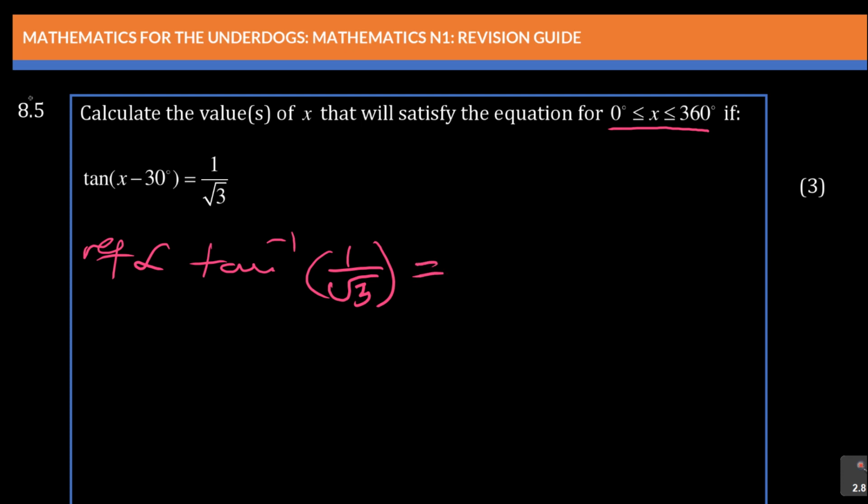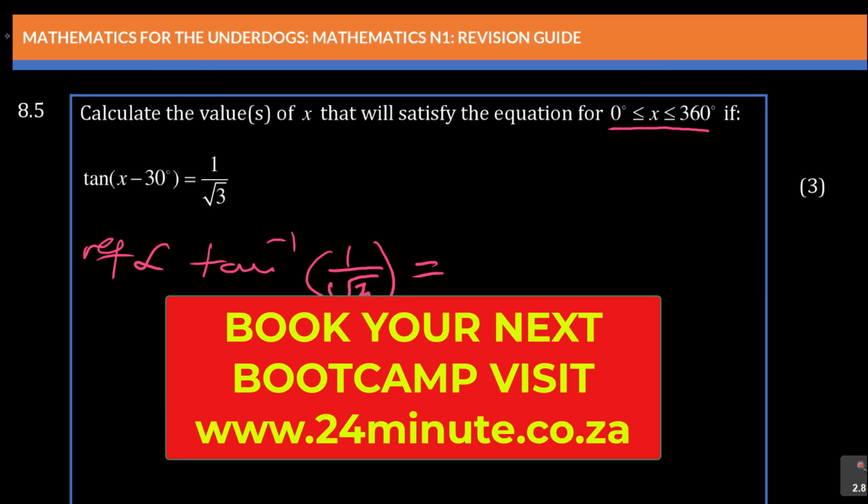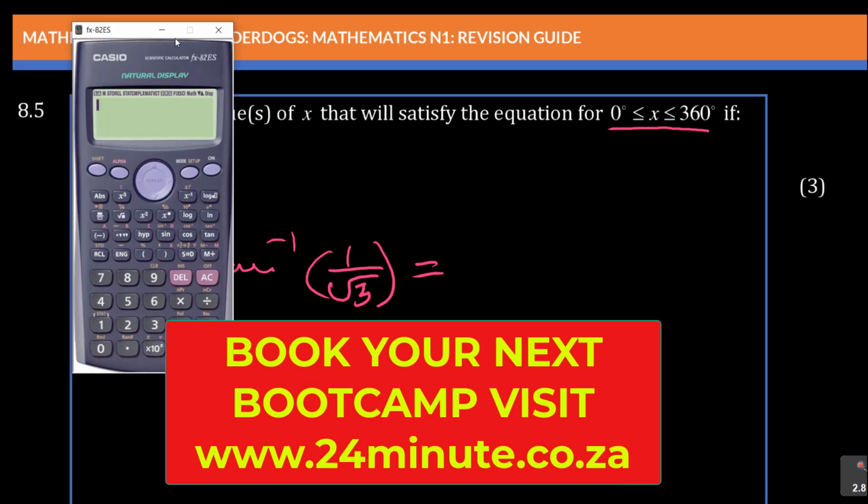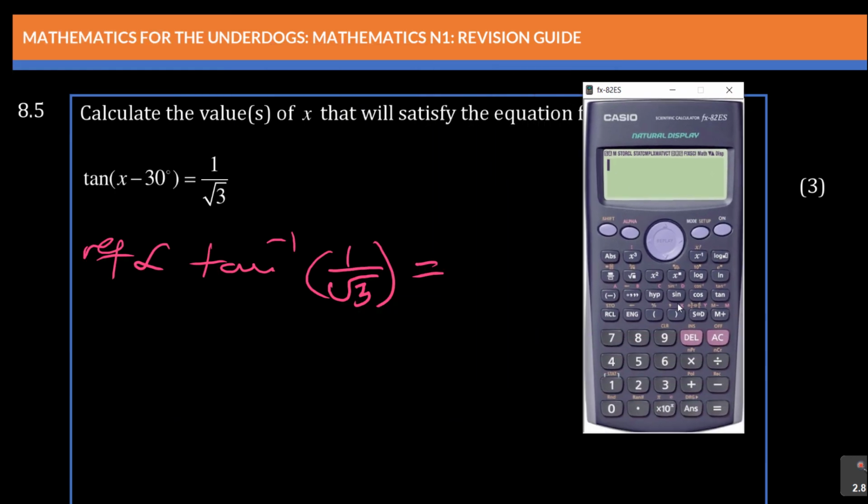So when you do that, it will be shift arctan, bracket 1 over square root of 3.